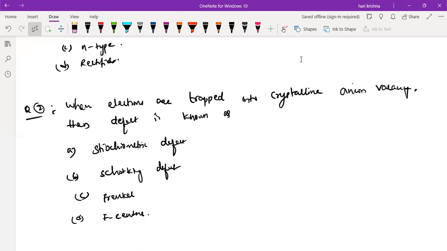What is the defect name? Stoichiometric defect, Schottky defect, Frenkel defect, or the F-centers.